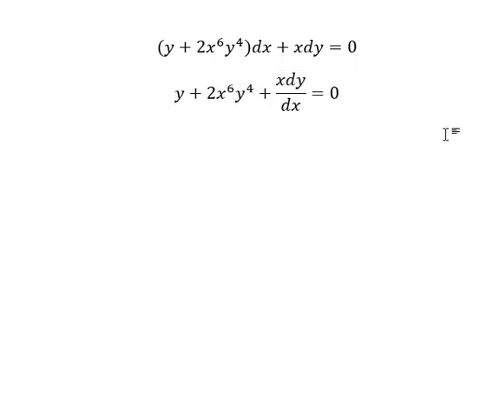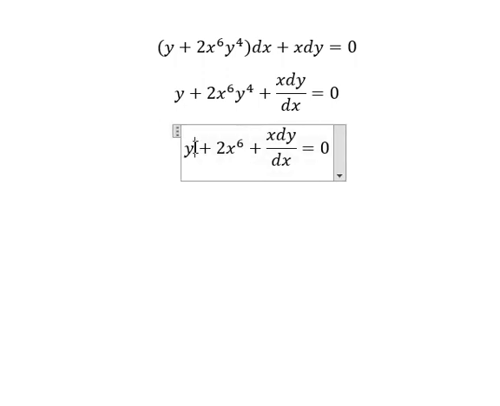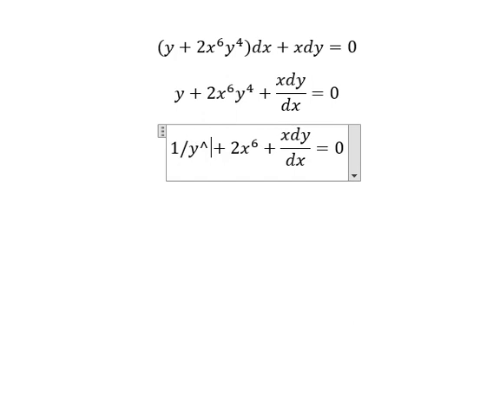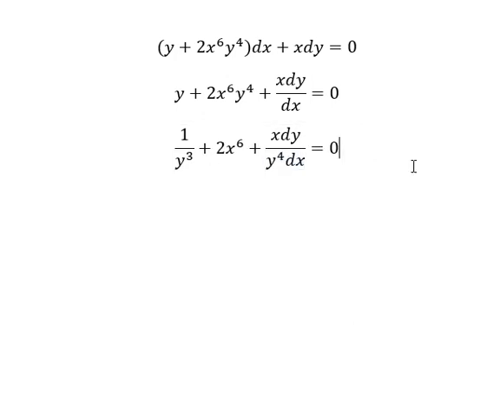Next, we divide both sides by y to the power of 4. Next, we have 1 over y to the power of 3 dy over y to the power of 4 dx.